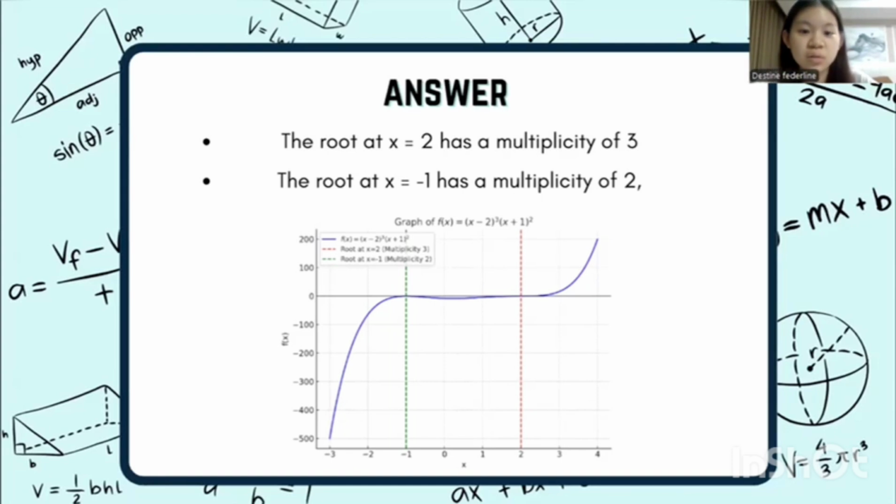While the root at x equals -1 has a multiplicity of 2, which means the graph will touch the x-axis at this point, but will not cross it, creating a parabolic turning point. On the screen, it shows the graph of f(x) equals (x minus 2) to the power of 3 times (x plus 1) to the power of 2.